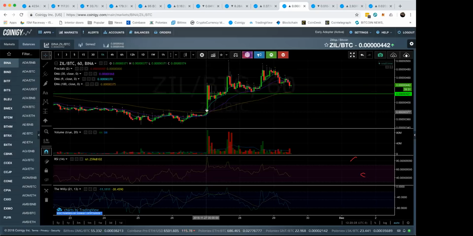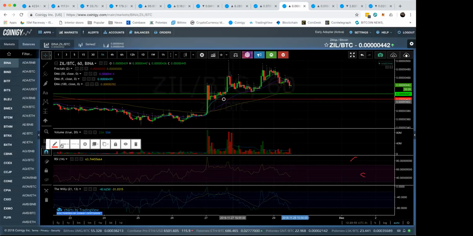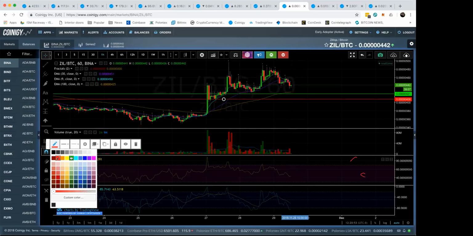The problem with moves like this, guys, when you have these big moves, is that you don't have a lot of prior support and resistance areas. So when you lose areas like this, unfortunately, if you look to the left, there are not too many areas that are going to catch it. This is one area, however, that did have 3, 4 confirmation touches, so this might work as an area of support.